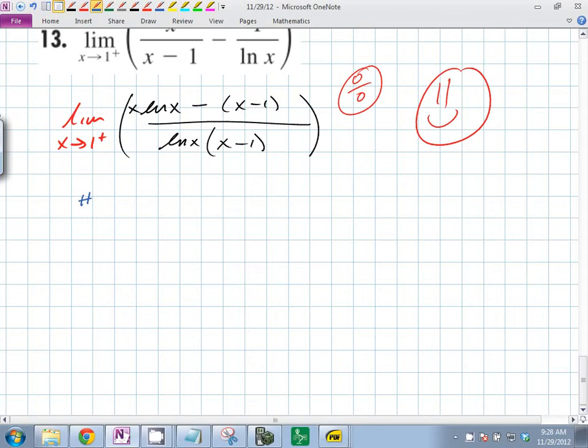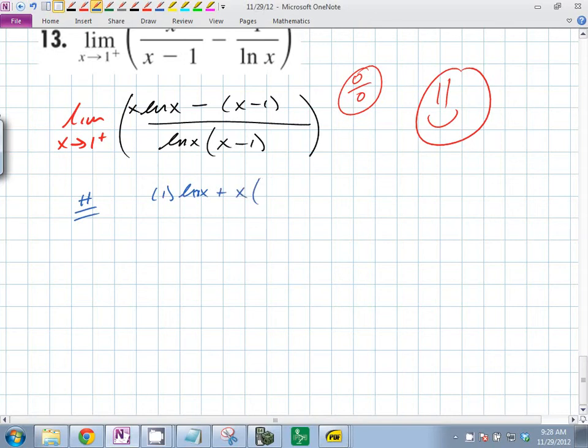What are we going to have to use on the top? To take the derivative of x ln x, what rule do we have to use? The product rule. The derivative of the first times the second plus the first times the derivative of the second. What's the derivative of ln x?